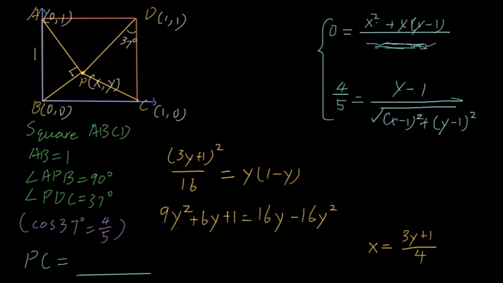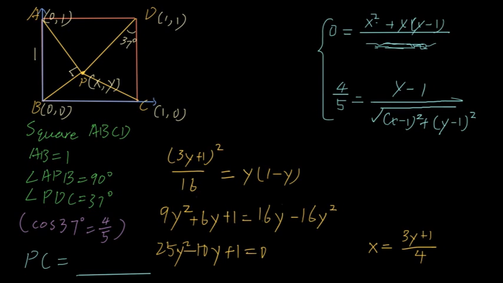Then we put 16y in here, we can get 25y squared, and we get minus 10y, and then plus 1. This thing is equal to 0.